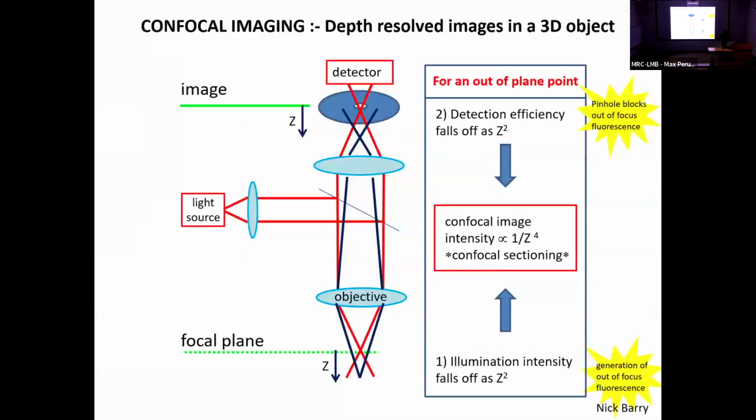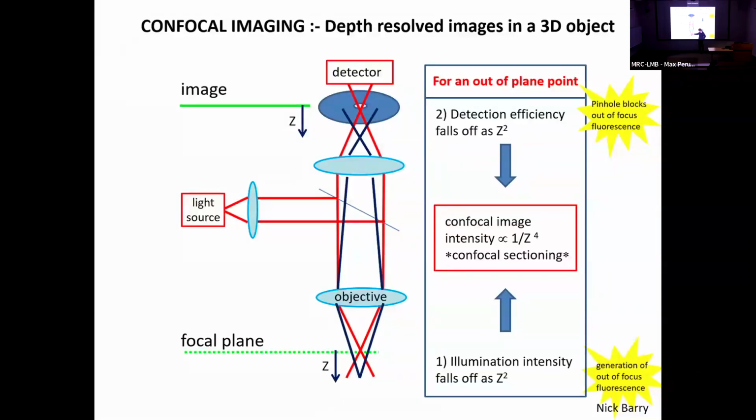The reason it works so well is because of these two factors, really. The intensity of illumination as you go out. So if we go from this point here to this point here, if we consider the intensity in this plane, this patch of light is getting bigger, it scales with z squared.